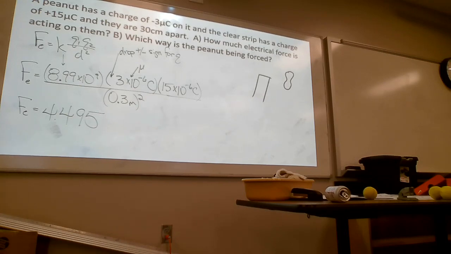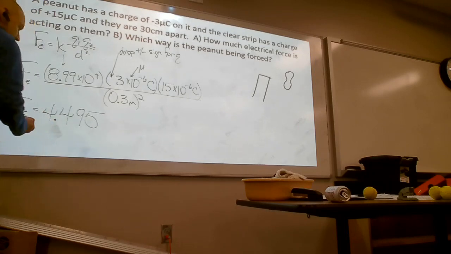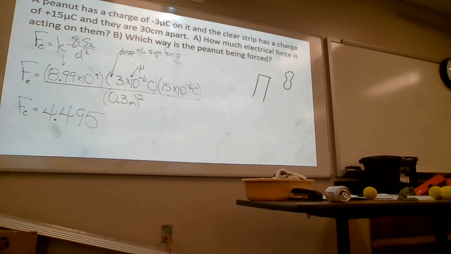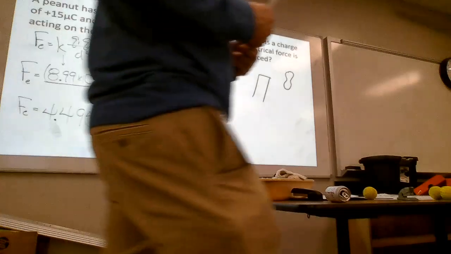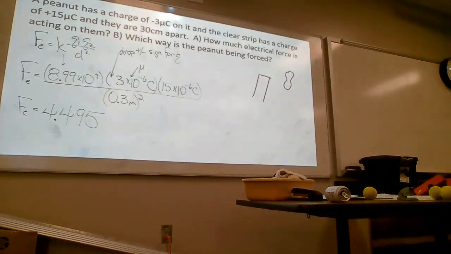Make sure you can get 4.495 on your calculator. If you didn't, you probably forgot to square the radius.